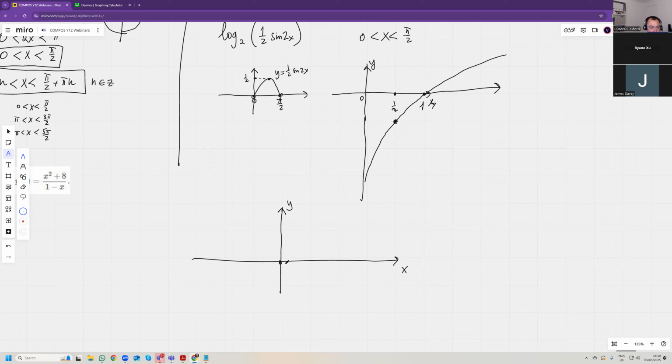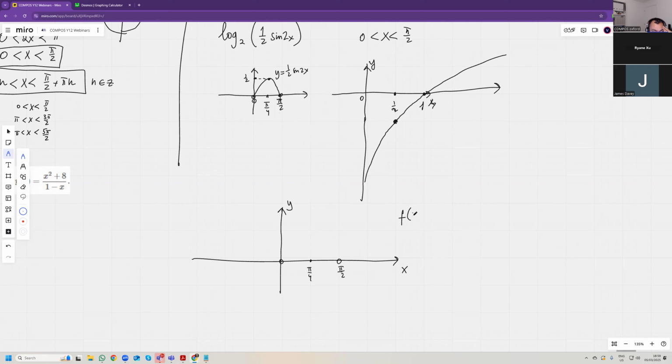Well, if we substitute 0, we can't. And if we substitute pi over 2, we can't. But we can substitute pi over 4.